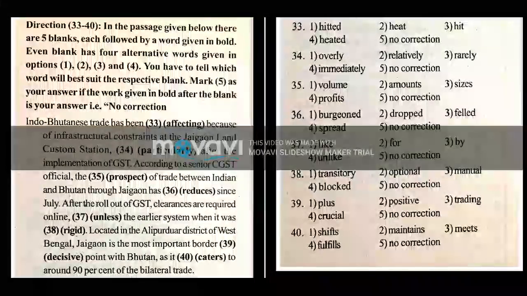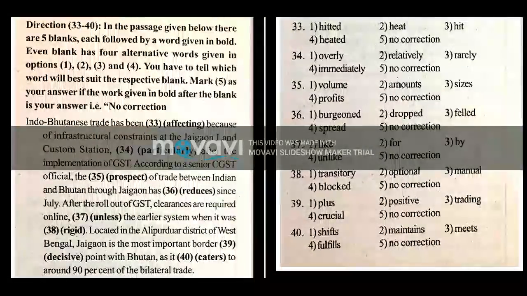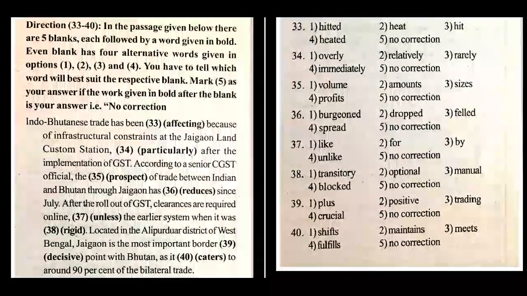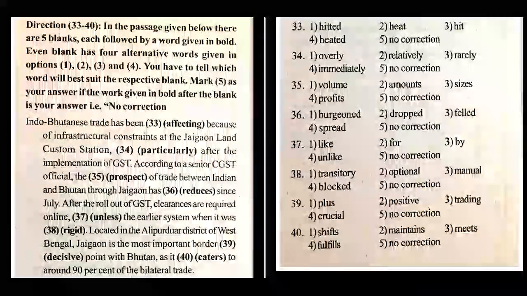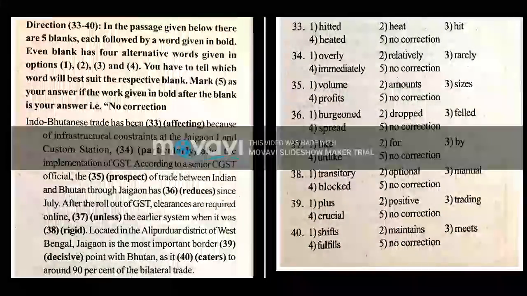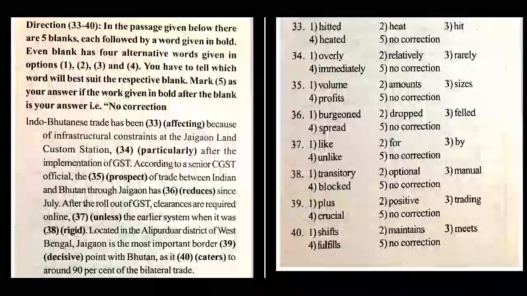The examples of idea contrasters are words like but, though, although, however, despite, in spite of, etc. For example, he is very hardworking, but he failed in the exam.